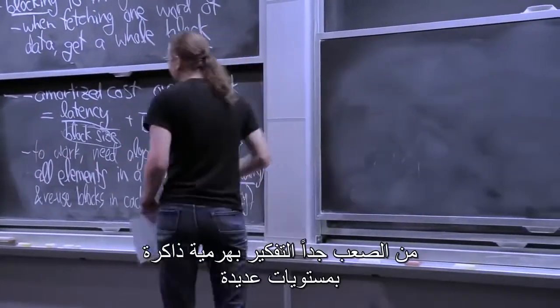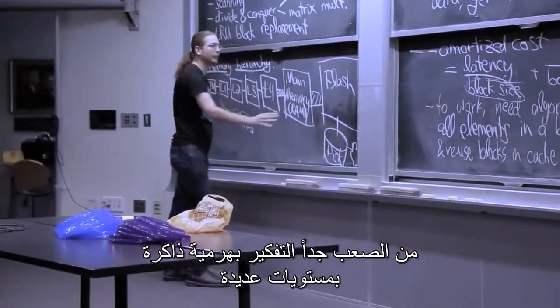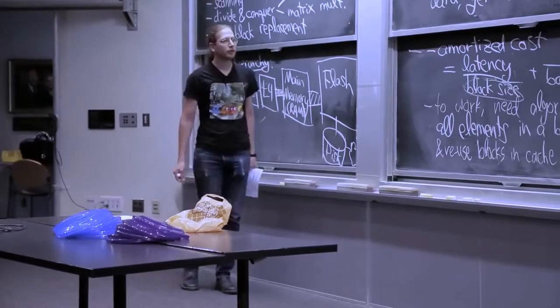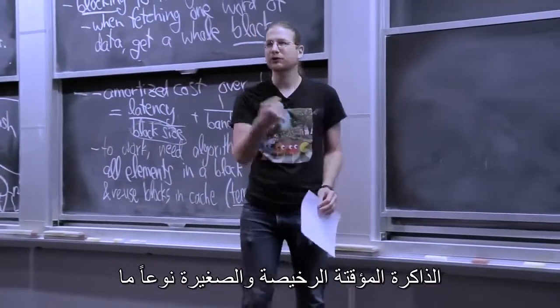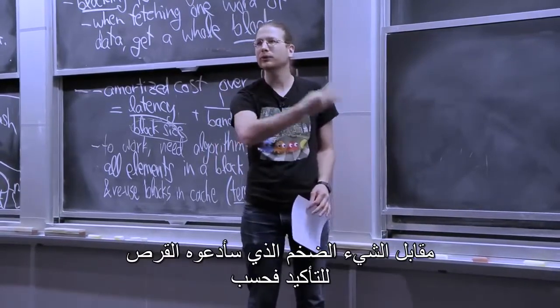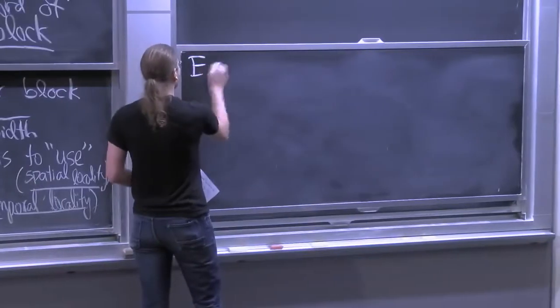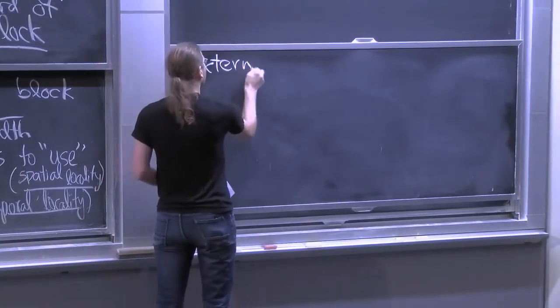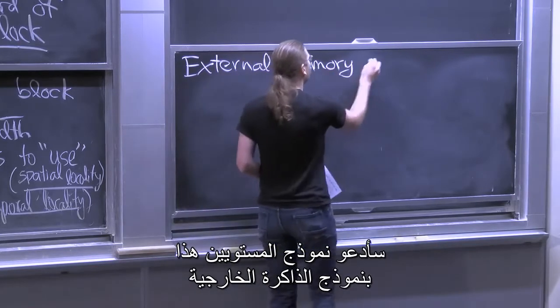Now, it's really hard to think about a memory hierarchy with so many levels. So we're going to focus on two levels at a time. The cheap and small cache versus the huge thing, which I'll call disk, just for emphasis. So I'm going to call this two-level model the external memory model.